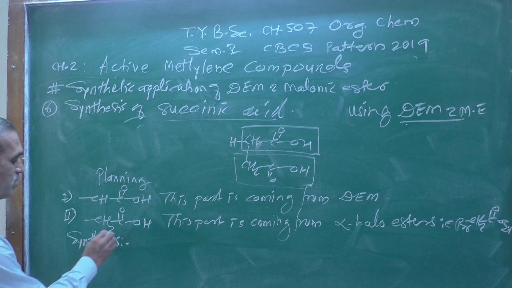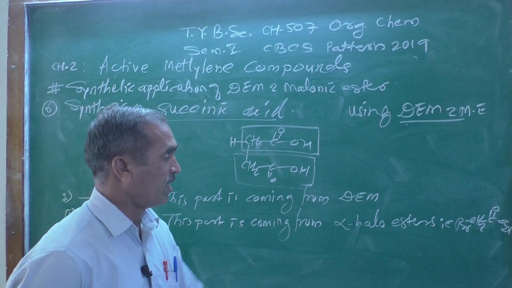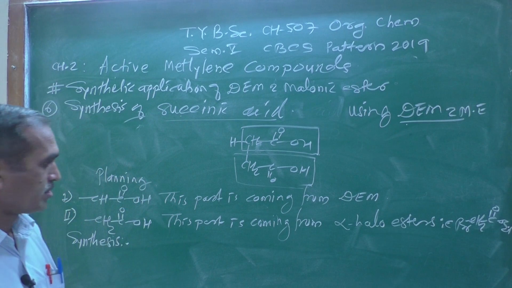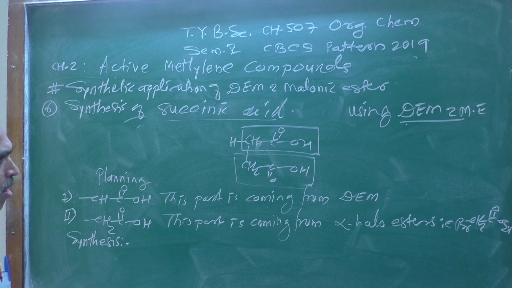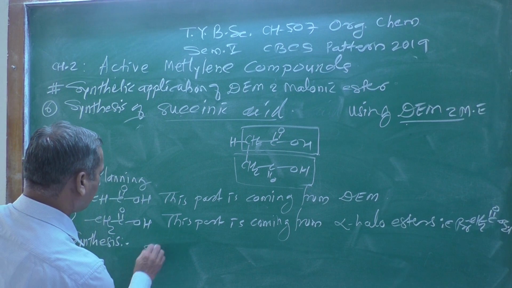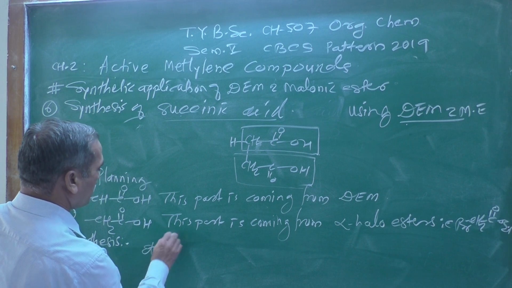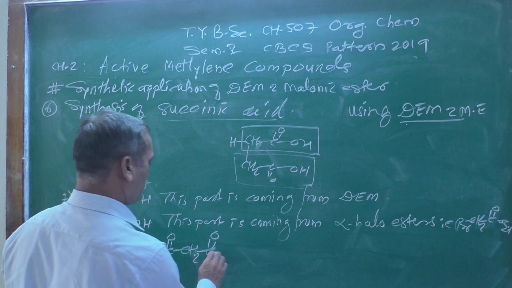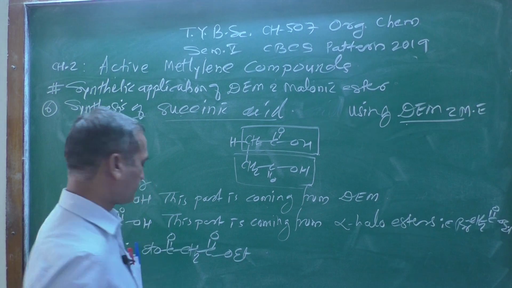Now in the synthesis, they have provided us the precursor or the starting material. The name of that starting material, you know, EtO, C double bond O, then CH2, C double bond O, then OEt.